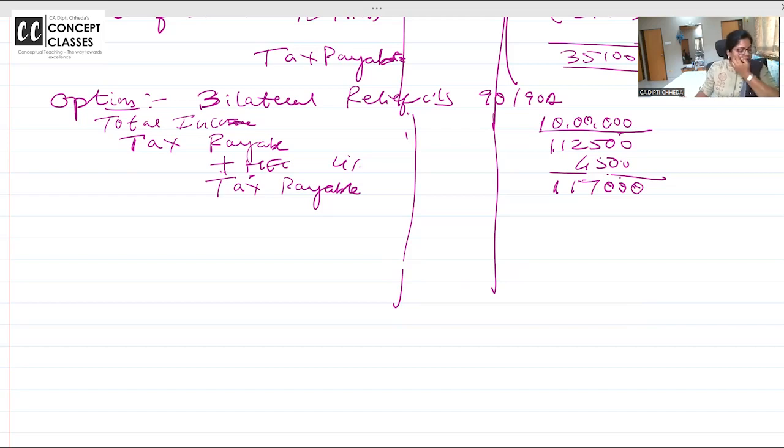Now, if you have an agreement with that country, how much tax have you paid in that country? Fifth line of the problem. Read that, all of you. Are you all with me?